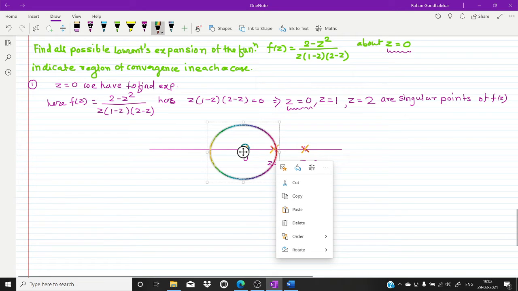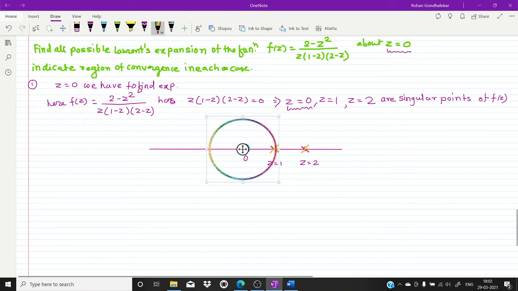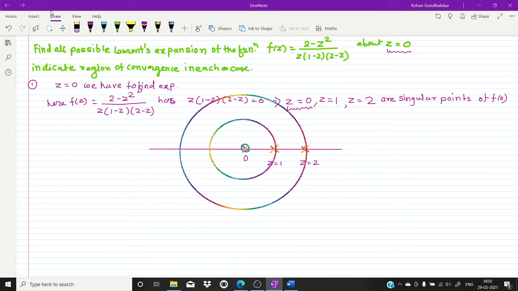Yeah, this is my first circle. Now we draw one more circle, a concentric circle, something like this.